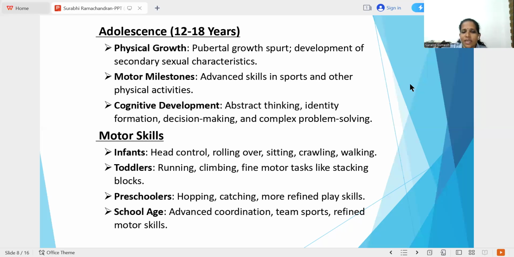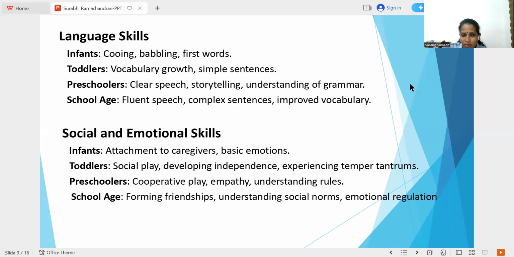In toddlers: running, climbing, fine motor tasks like stacking blocks. Preschooler: hopping, catching, more refined play skills. School age: advanced coordination, team sports, refined motor skills. These are the main motor skill developments in infancy, toddler, preschooler and school age.